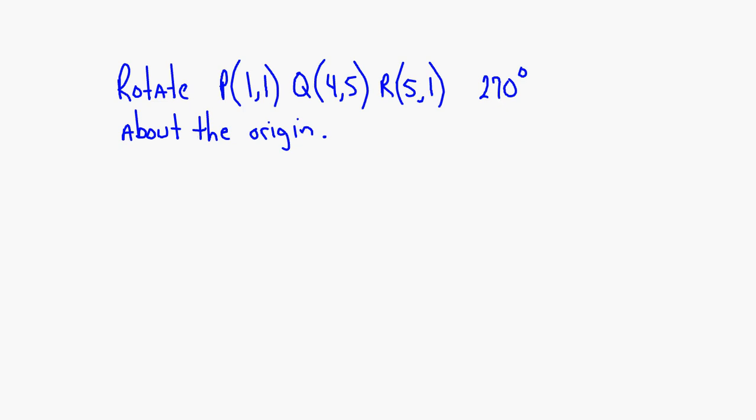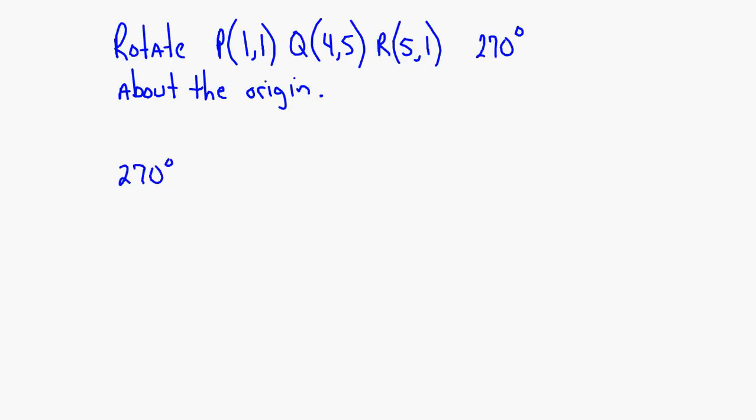So when you get these problems today, here's how I want you to set it up. You're just going to make a table. You're going to write down the rotation, which is 270 degrees. Then you're going to write down the rule. What was the rule for a 270 degree rotation? For every xy, y, negative x.